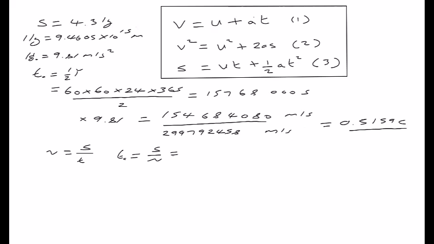And our displacement is 4.3 light years. This is why we converted it to c. 4.3 light years divided by 0.5159 c. And this gives us a total cruise time of around 8.3 years.